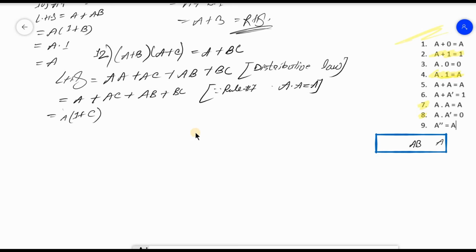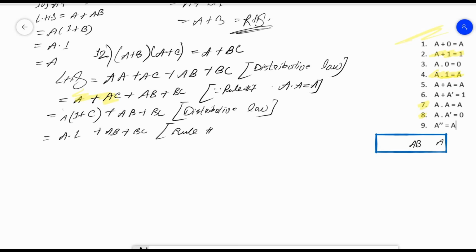A into 1 plus C from this part, where we took A common, in the following line, and we have our remaining AB plus BC. So in the highlighted portion we again implemented the distributive law. Now in the next line we can write it as A into 1 plus AB plus BC. It comes from rule number 2. If you see here, rule number 2 says A plus 1 will give us 1.